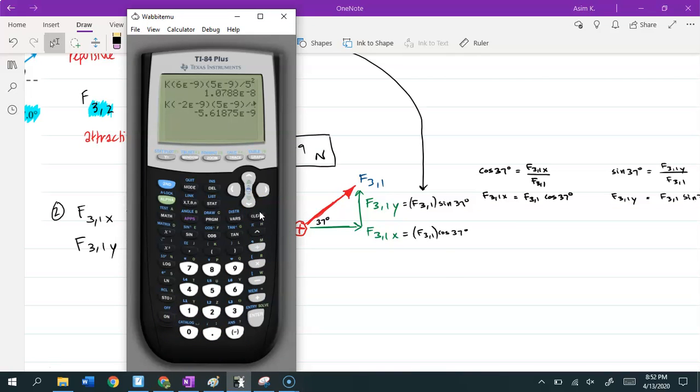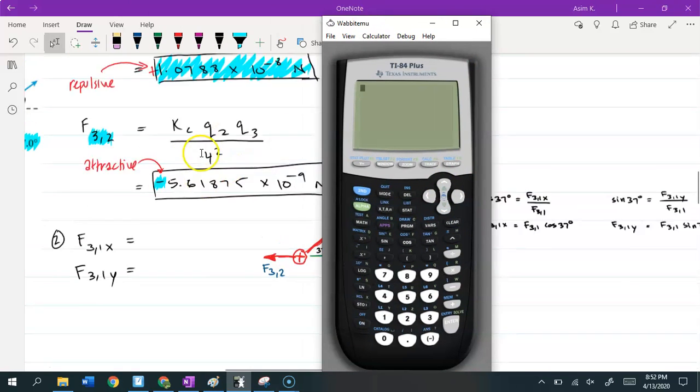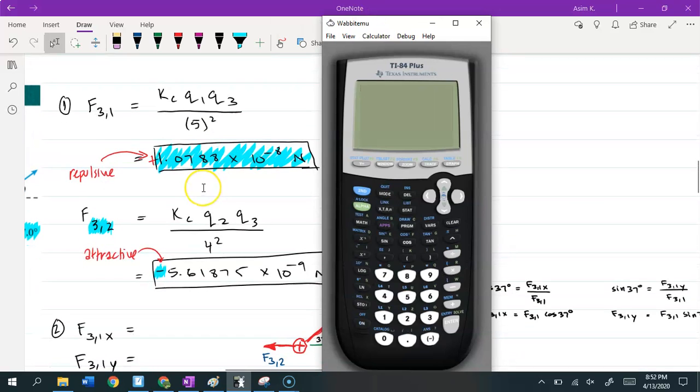So if you take a look at F31, it's 1.0788 times 10 to the power negative 8. I'm going to write in 1.0788 times 10 to the power negative 8. All right, that's F31. Then we're going to multiply that by the cosine of 37 degrees.